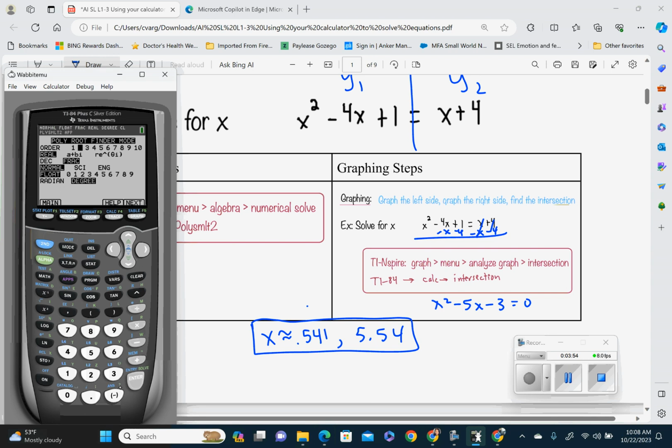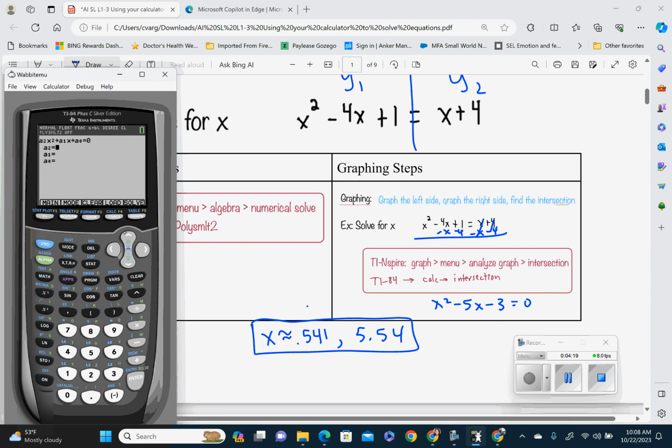And then you would go to your calculator. The order is 2. That's the highest exponent. Since we're not really sure if it's real or imaginary, we choose accordingly. I know my answers are real, but if you were doing this for the first time, you would not. And then you can leave your answer as is, or change it into a fraction if you would like. You don't have to worry about radian or degree.